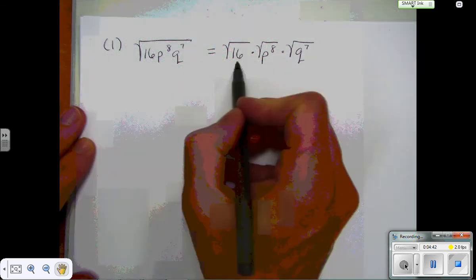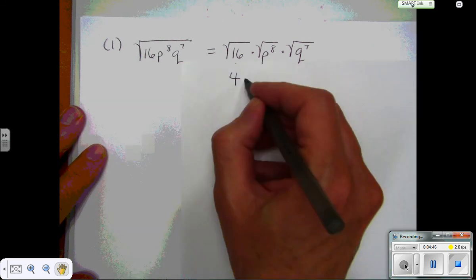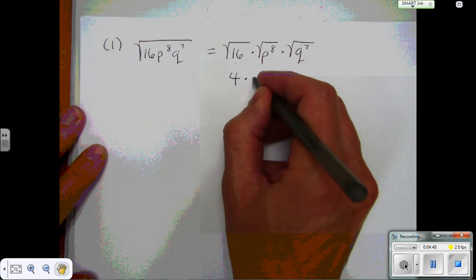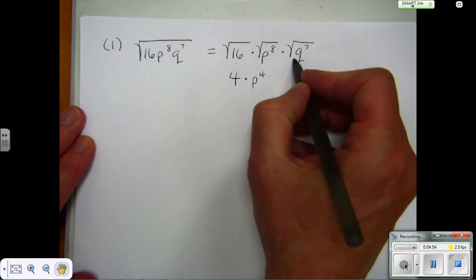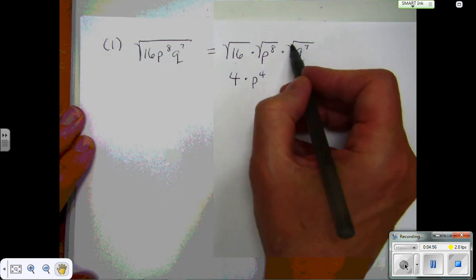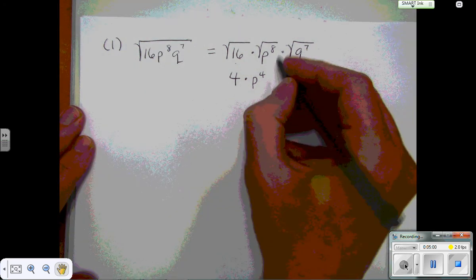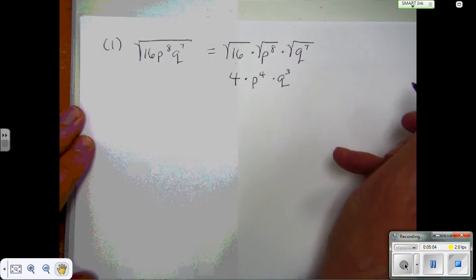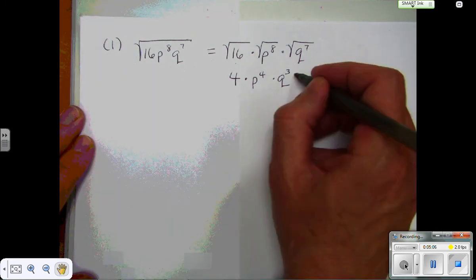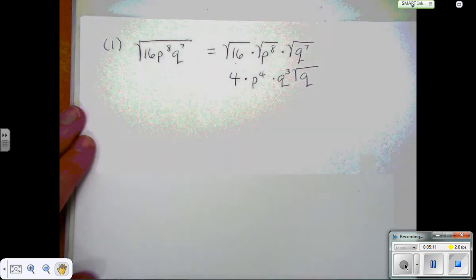So the square root of 16 is 4. Square root of p to the 8th is p to the 4th, and I don't have anything left inside that radical, so it's all outside the radical now. And then this last one, when I take the index and divide it into the exponent, it goes 3 times, so I have q to the third power, but then I also have one q left over, and that's going to have to stay inside the radical.